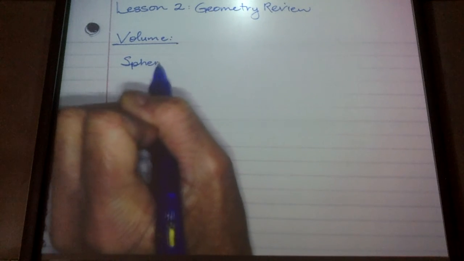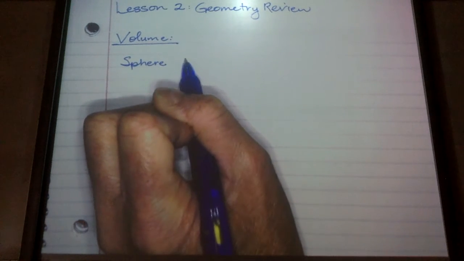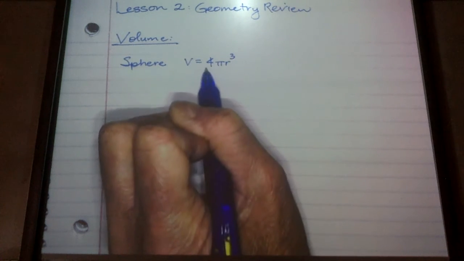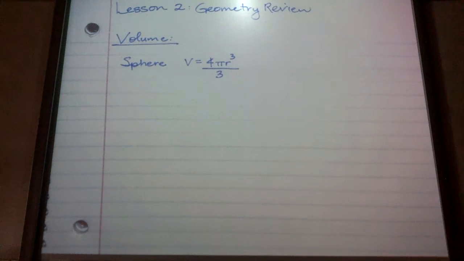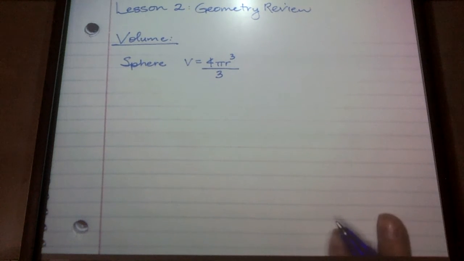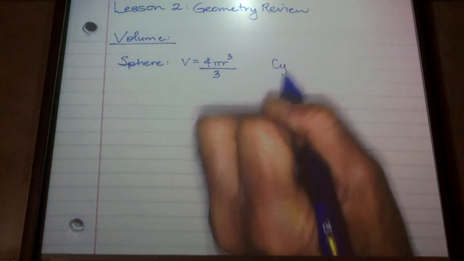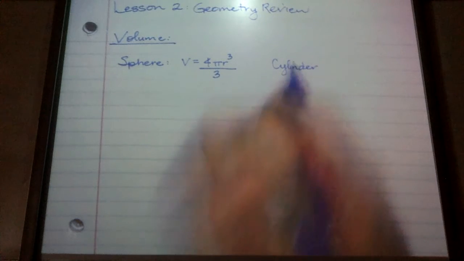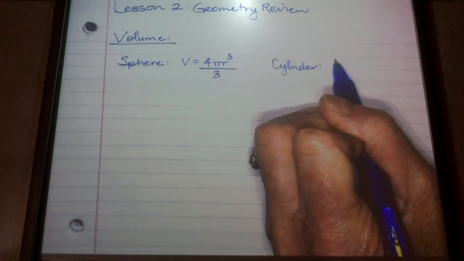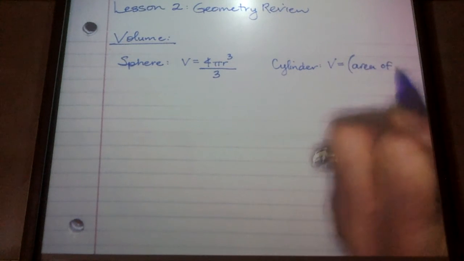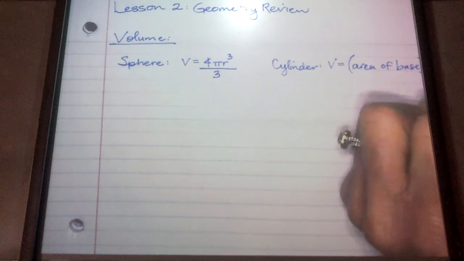So the volume of a sphere: volume equals 4 pi r cubed divided by 3. Okay? The volume of a cylinder is volume equals the area of your base times the height.